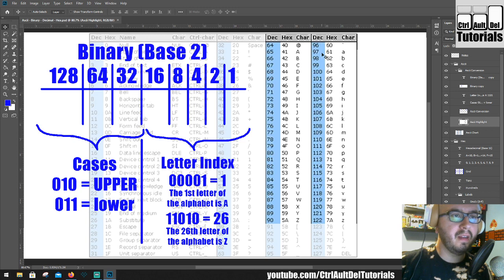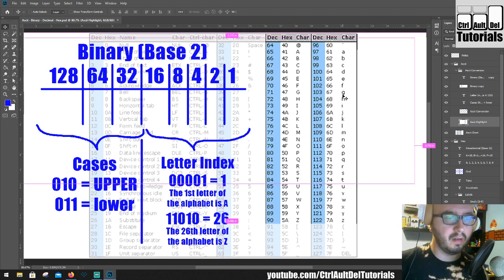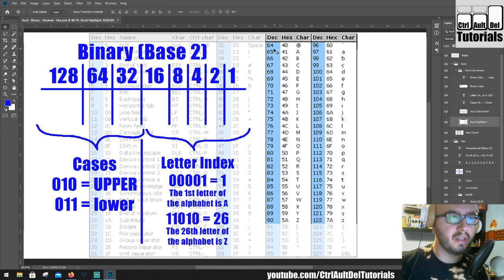Okay, and then here we have from 97 for a lowercase a to 122 for a lowercase z. Now you'll notice 65 and 97 are exactly 32 apart. That's important. Why is that important?